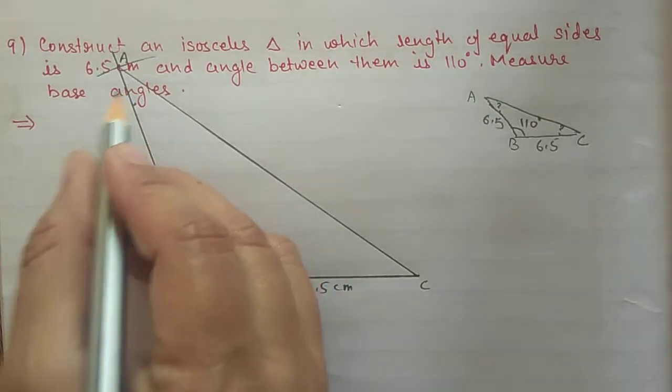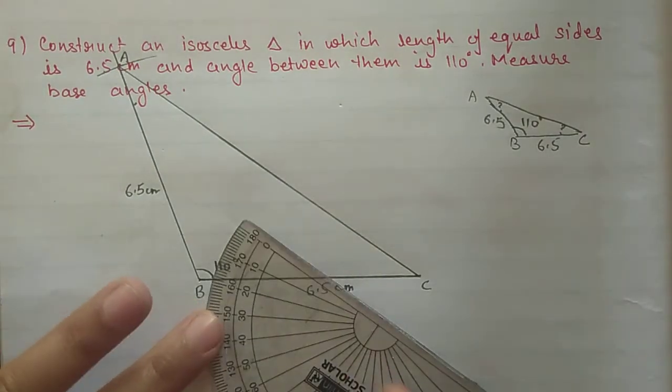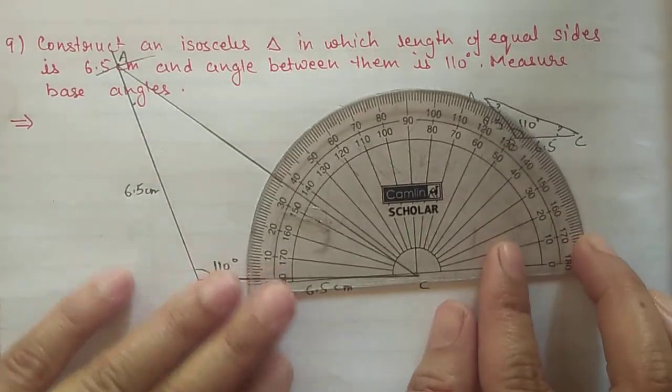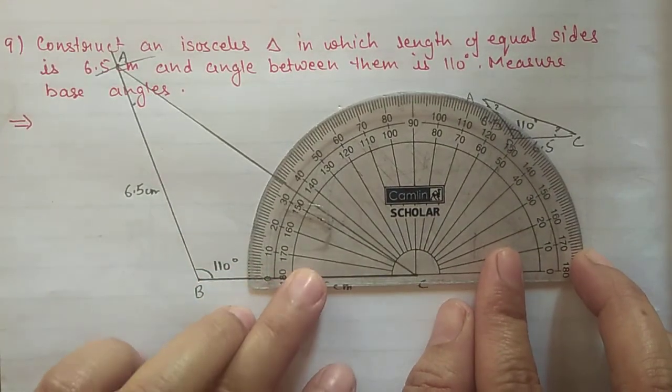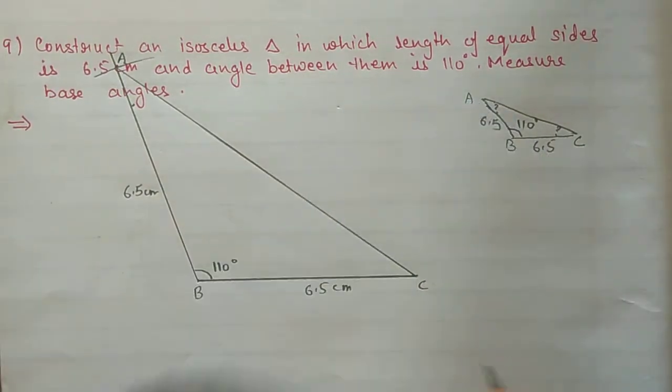Now this angle and this angle we have to measure. For that, again we will take our protractor. Any one line we have to match with this. You can see here this angle is coming 35 degrees.